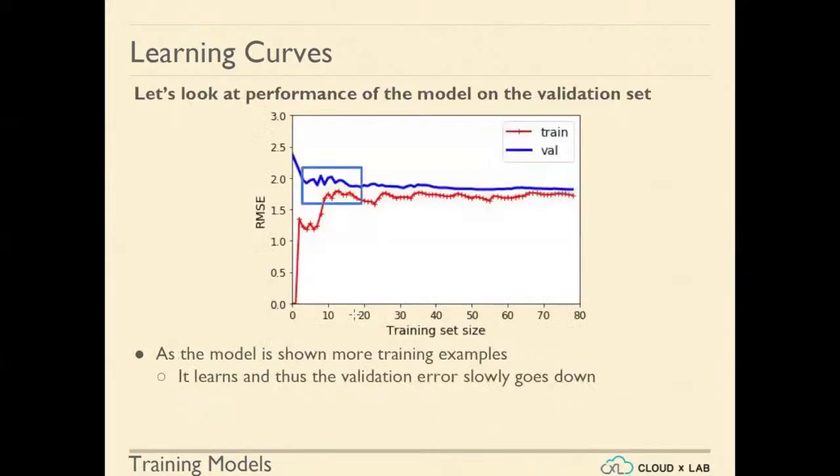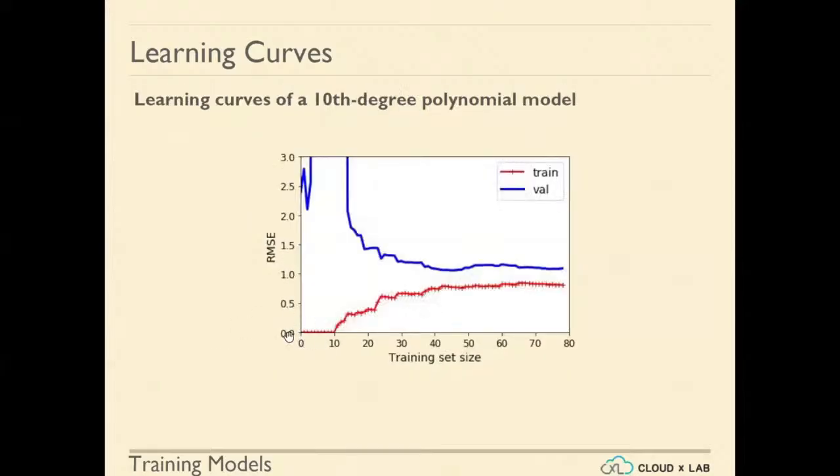If you fit, let's say, a linear model, and you have very few data points, the training error will be nearly equal to 0, but the validation error will be high, right?